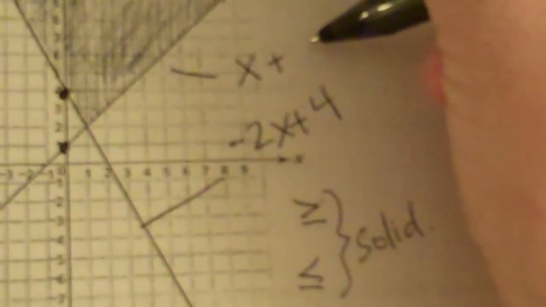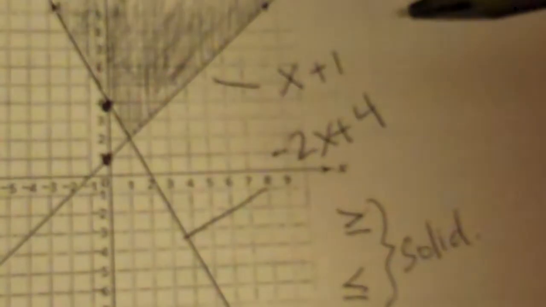And then we'll figure out the inequality with that in just a second. This line here is touching the y-axis at positive 1, and it goes up 1 over 1. So if I were going to write an equation for this one, I would write x plus 1. So that's just 1x plus 1.